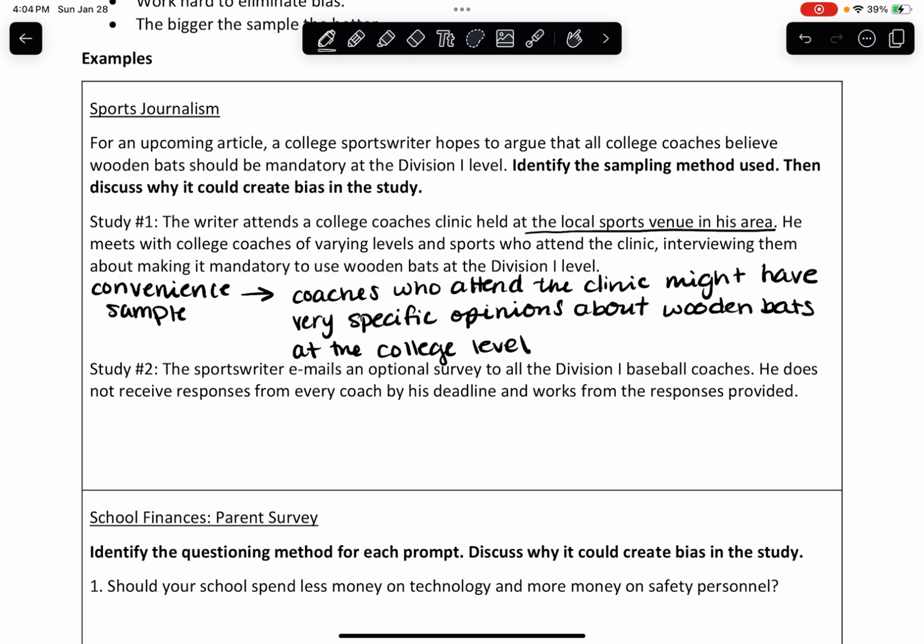So they went to their local clinic early, and the fact that you're at a clinic with a bunch of college coaches, depending on what the clinic is about, they might have very specific opinions about the use of wooden bats.